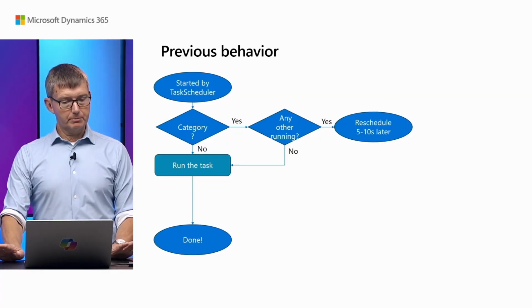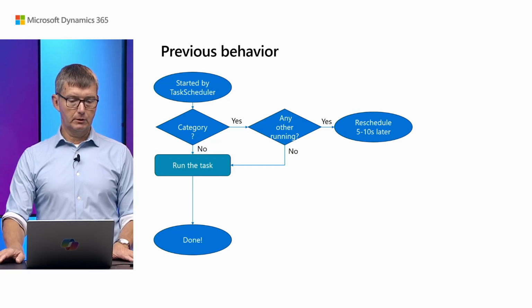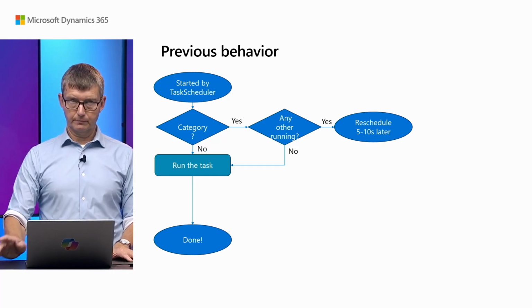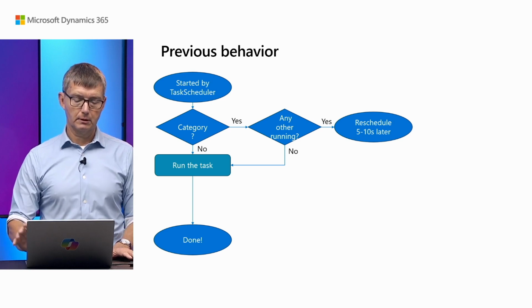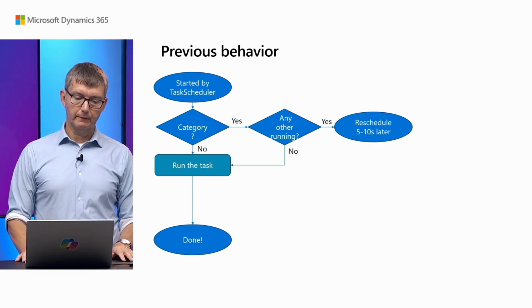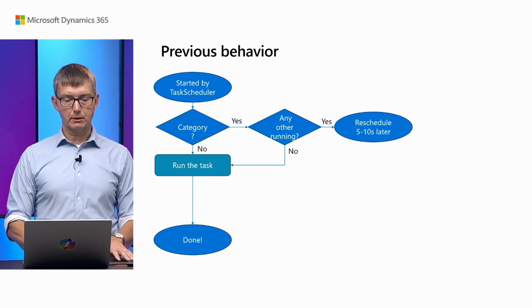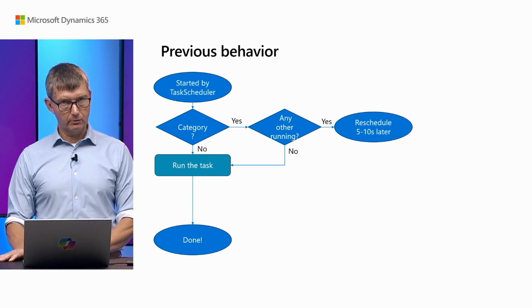So how does it work, or how did it work before? The job starts, and the first thing we do is look at whether it has a category code, like the one we just showed. If no, then we just run the task and we're done. If yes, there is a category code, then we check, does anyone else with the same category run?